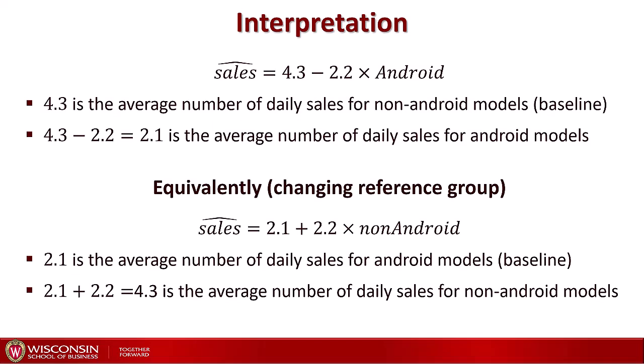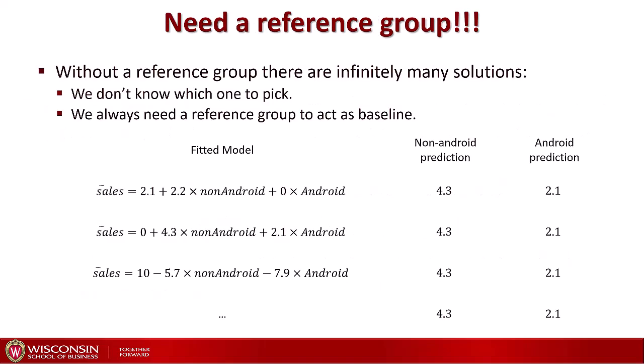So now 2.1 is the average number of daily sales for Android models, which are the baseline, and 2.1 plus 2.2, which is 4.3, is the average number of daily sales for non-Android models. We can see that we have the same numbers in both cases, 4.3 for non-Android models and 2.1 for Android models. Why do we need a reference group?